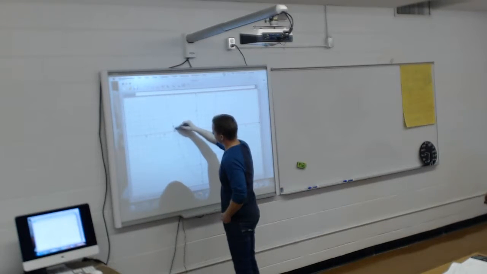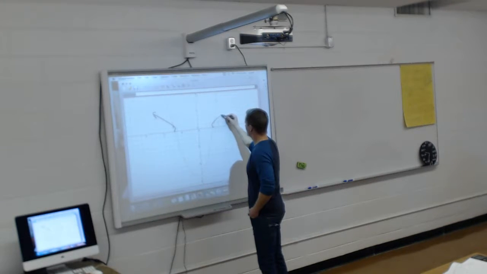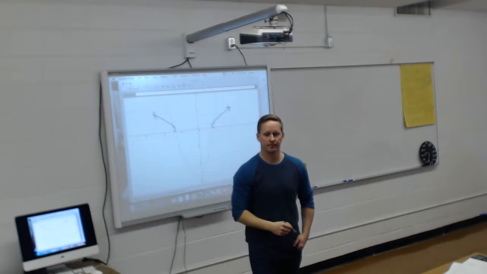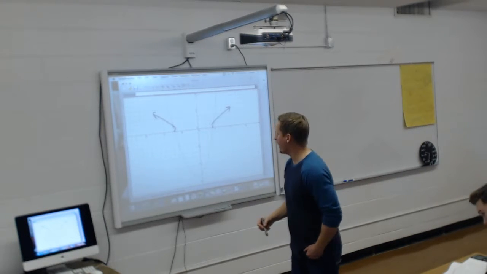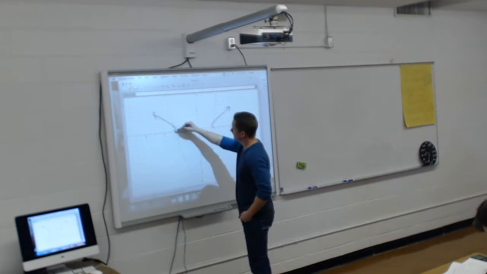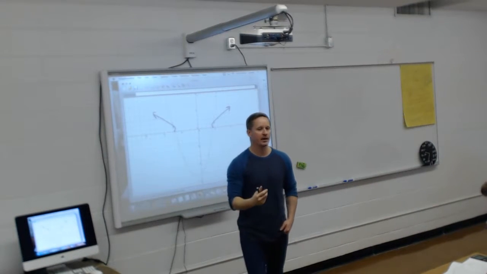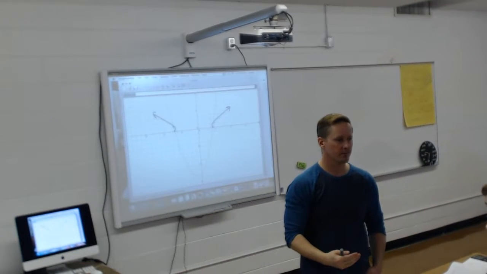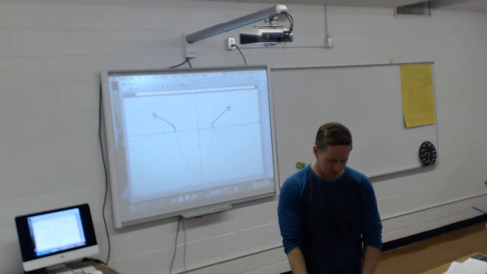So then the graph has to go like this, and there's the square root of that graph. So you have to remember to draw it a little bit higher than the original line because when you take the square root of a fraction, you end up with a larger fraction. Fair enough? Okay? That's all there was to it.